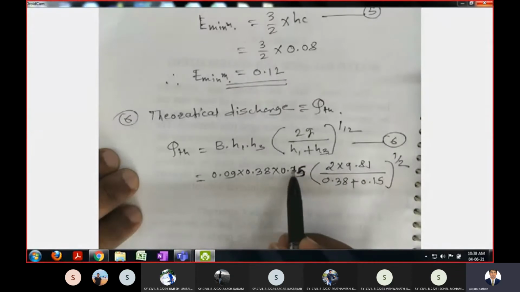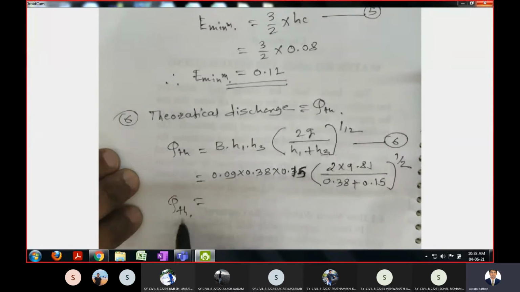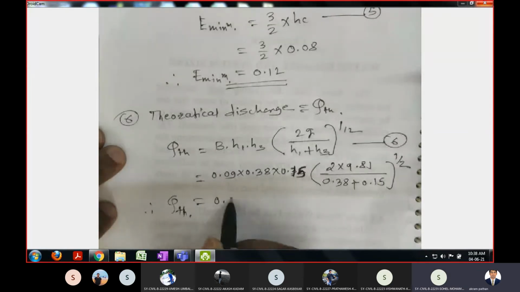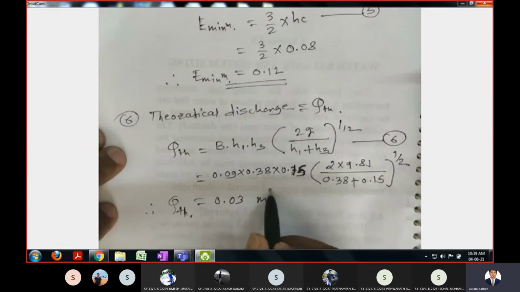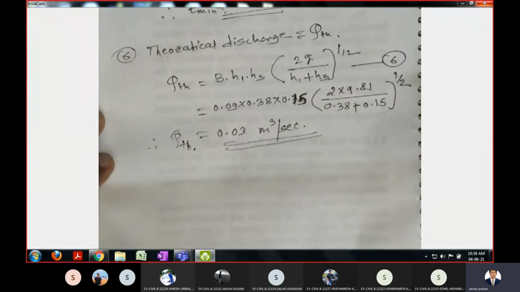Now this is 0.15. So calculate Q theoretical. Therefore, the Q theoretical is 0.03 meter cube per second.